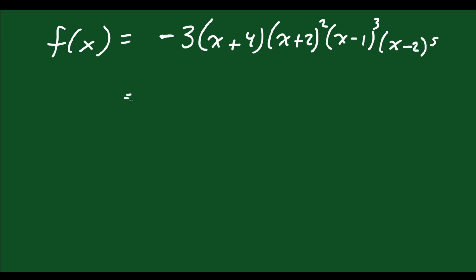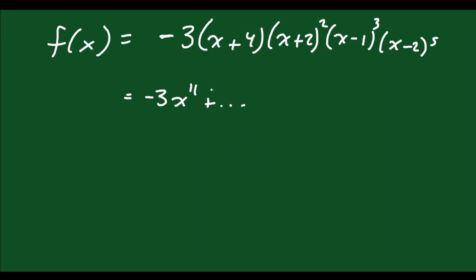If you were to multiply all this together, your very first term would be what? Well, you have an x to the 5, an x to the 3, an x to the 2, and an x. So 5, 6, 7, 8, 9, 10, 11, negative 3. So you get negative 3x to the 11. I'm just adding up the exponents on the x's times negative 3. And you get negative 3x to the 11, and then a bunch of other terms.